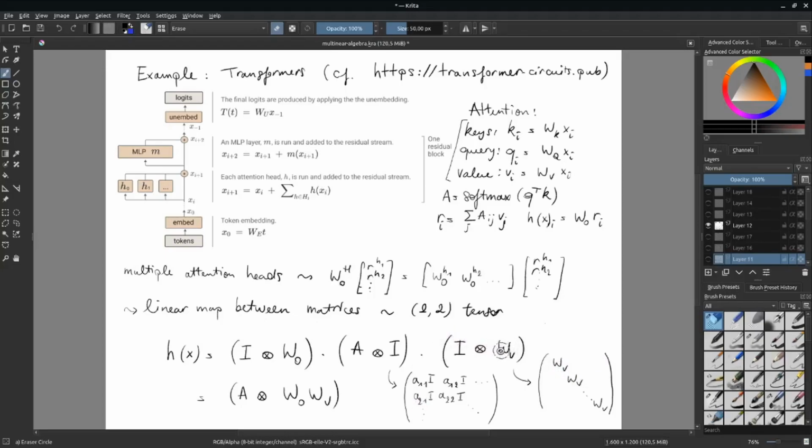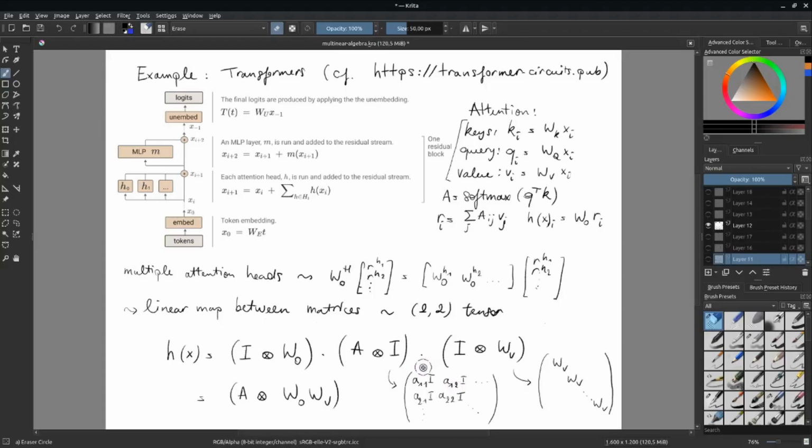So this is my first step. Then I compose it by matrix multiplication with the tensor product of A times I. This is a bit different because now, instead of having all my blocks on the diagonal, each block is an identity scaled by the elements of A. So the first block is A11, a scalar times an identity matrix, then A12 times an identity matrix, etc.